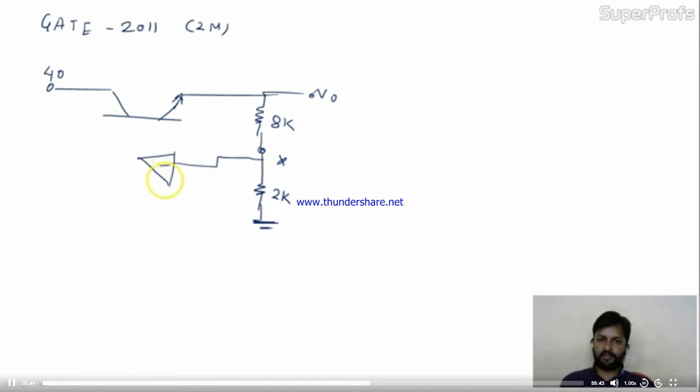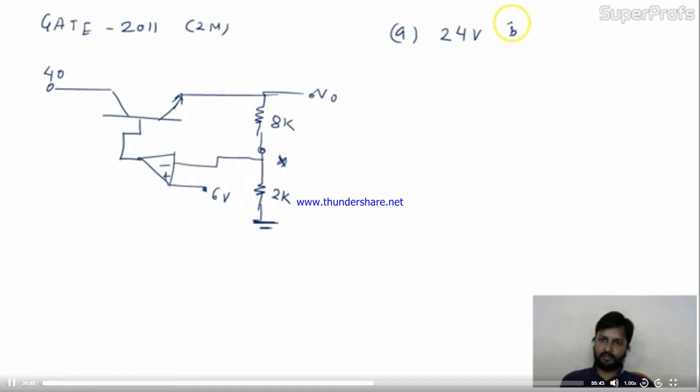This is inverting, non-inverting is 6, and this is the base. This is the question given. This point X is connected with minus 2K. Everything is given. Options are also given.